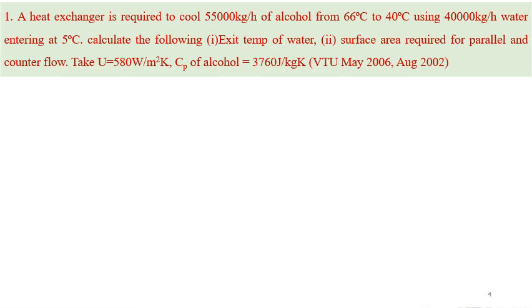The statement is like this: a heat exchanger is required to cool 55,000 kg per hour of alcohol from 66 degrees centigrade to 40 degrees centigrade using 40,000 kg per hour of water entering at 5 degrees centigrade.